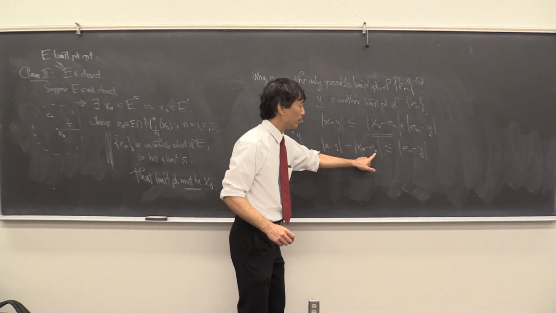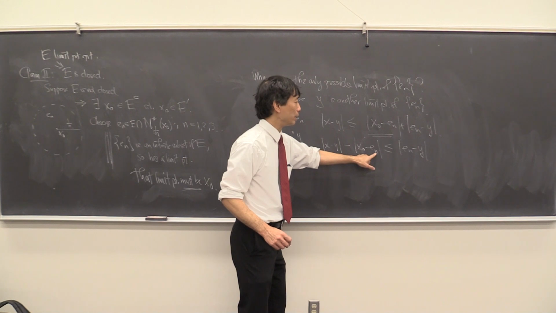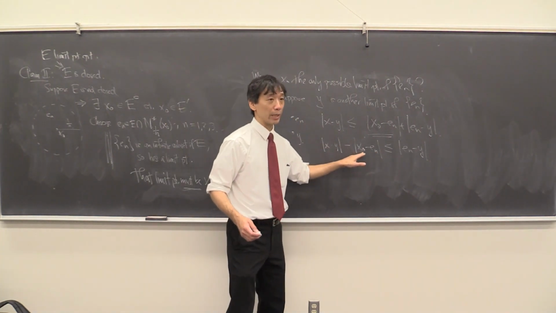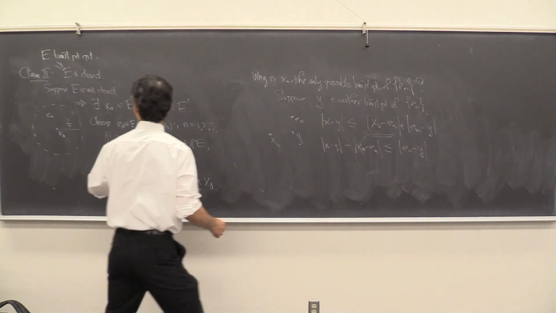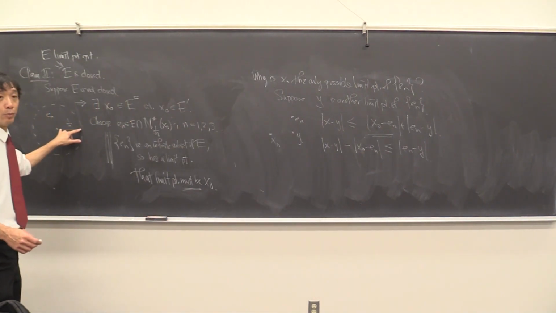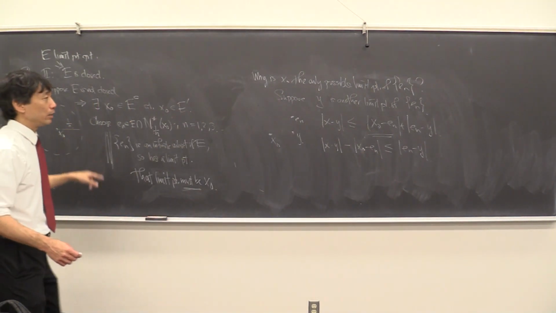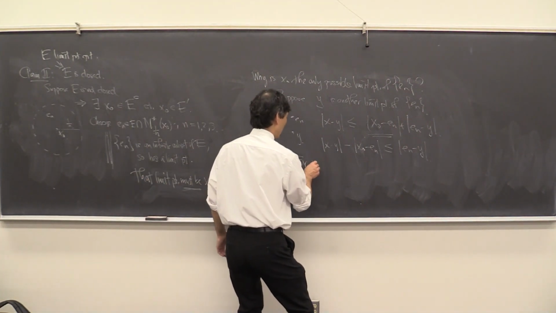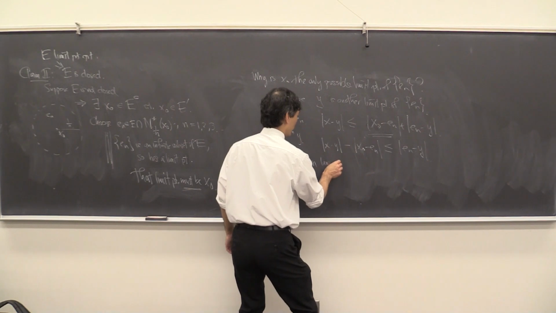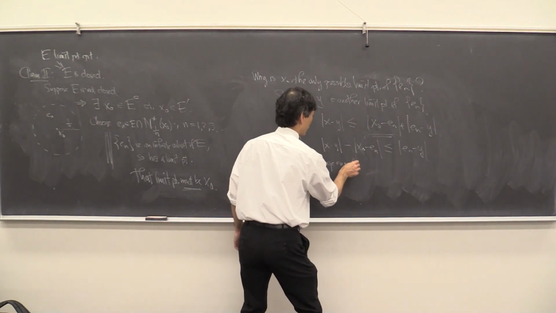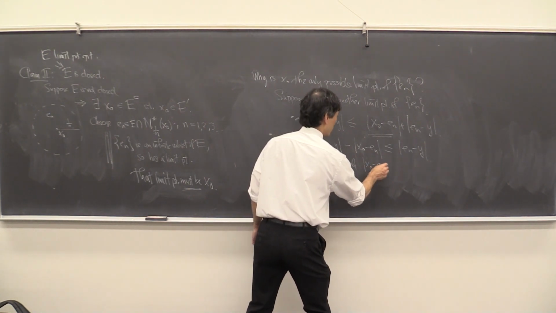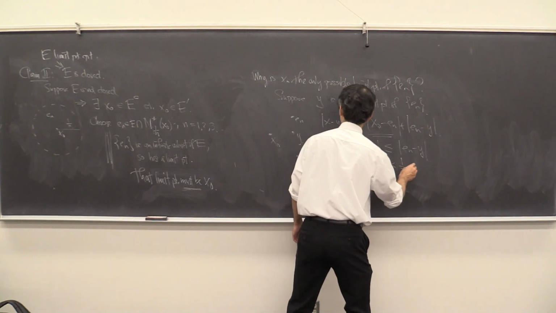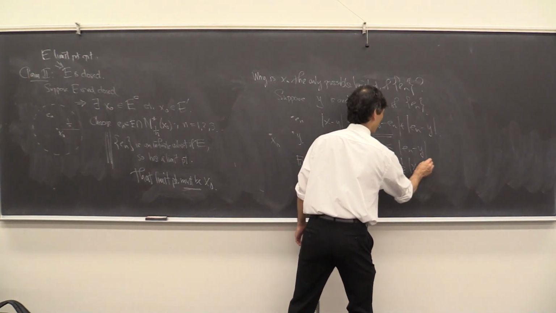Now, as n gets really large, the E sub n get infinitely close to x naught, right? That's how we constructed them. The distance is 1 over n. So for n large enough, the distance from x naught to E sub n is smaller than half of the distance between x naught and y.